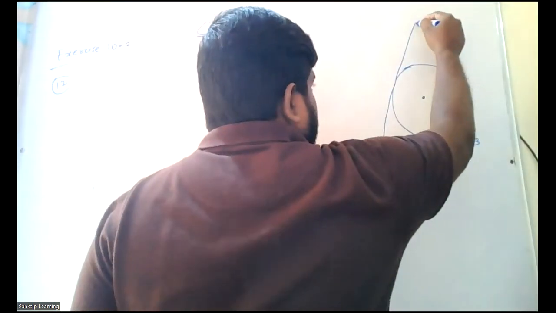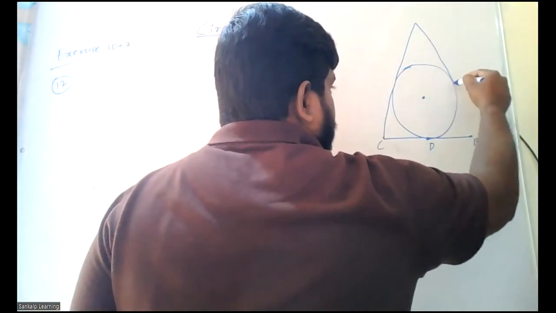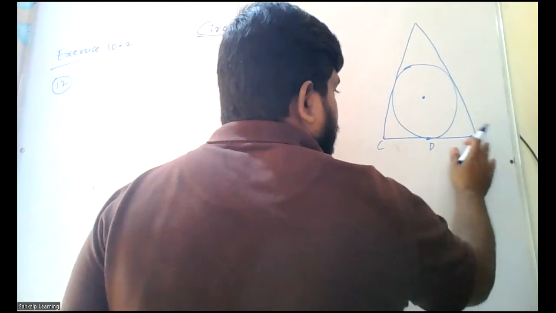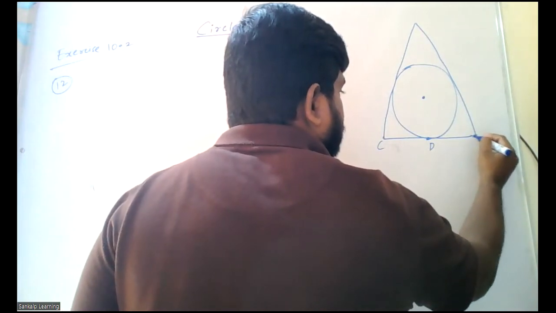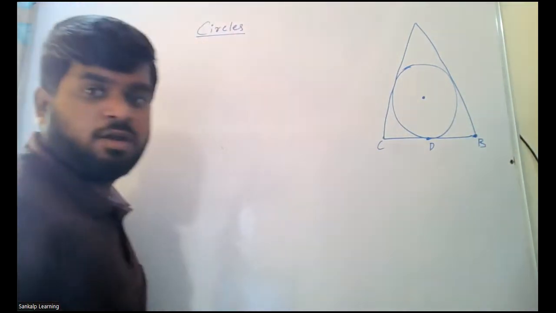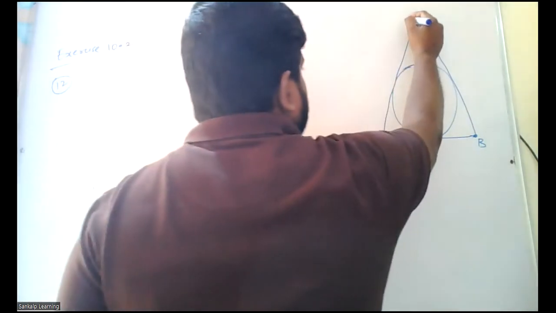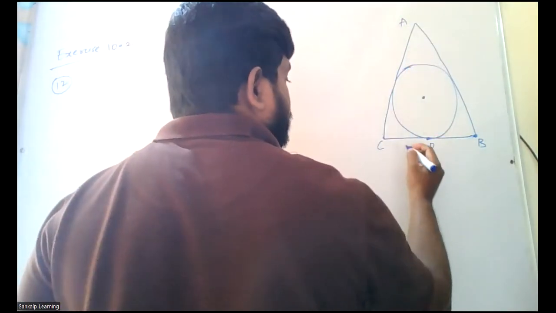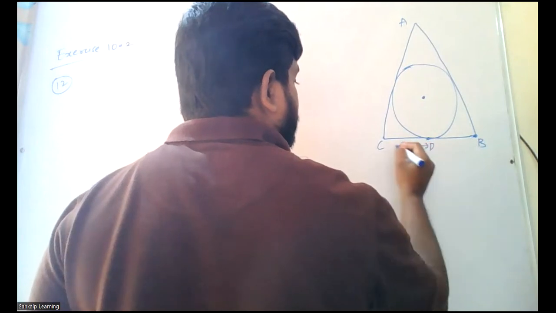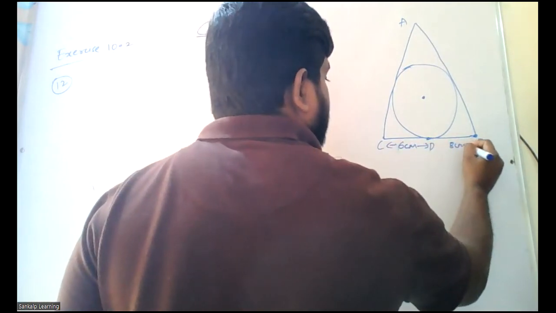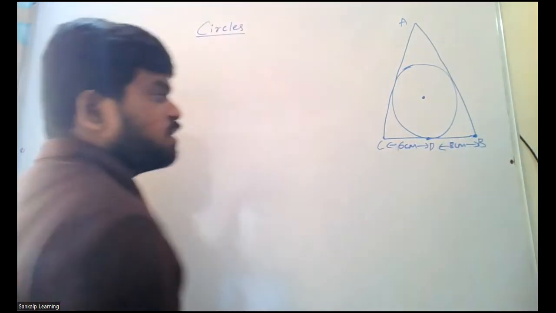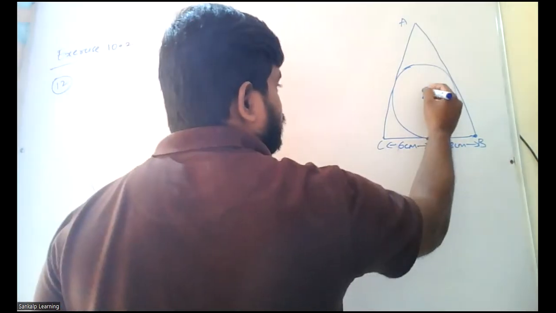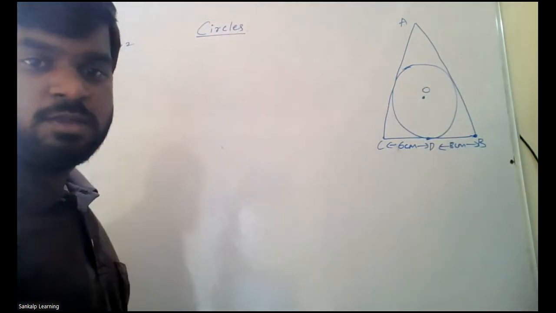Okay, roughly I've drawn a triangle. This is my A, this is D. This is 6 centimeter if I'm not wrong. And this is 8 centimeter. And the radius of the circle is 4 centimeter. Let's take O. Okay. This is the figure.